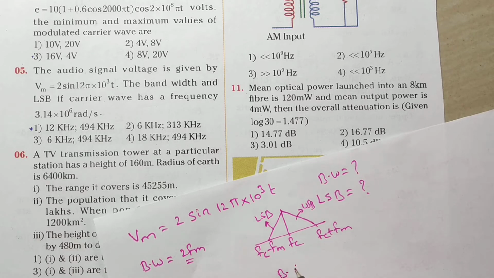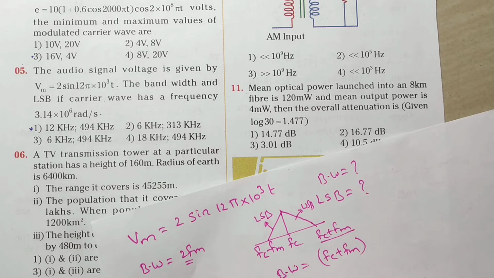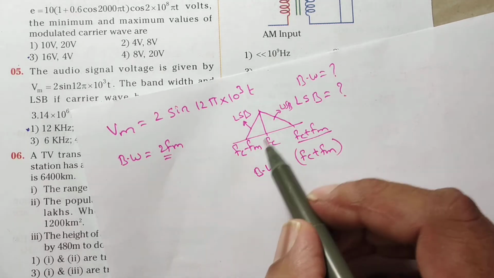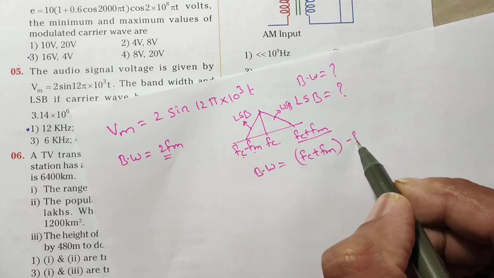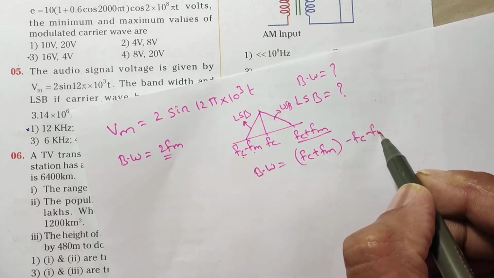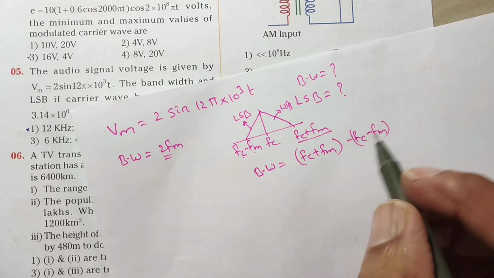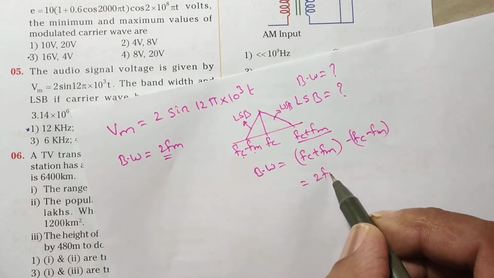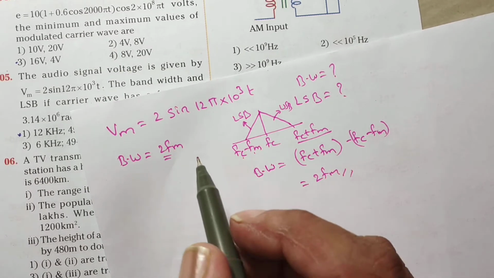Bandwidth means upper frequency minus lower frequency. Upper frequency is FC plus FM, and lower frequency is FC minus FM. That means we are getting 2 FM. Bandwidth is 2 FM.